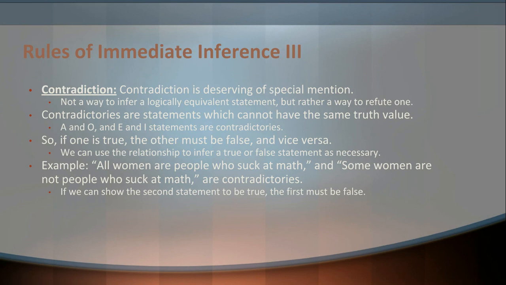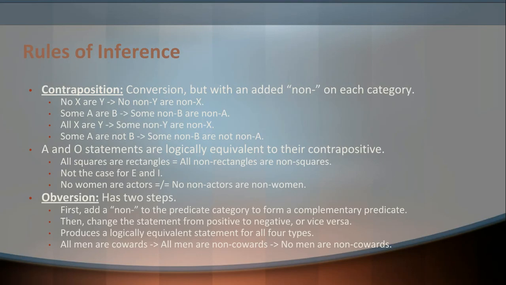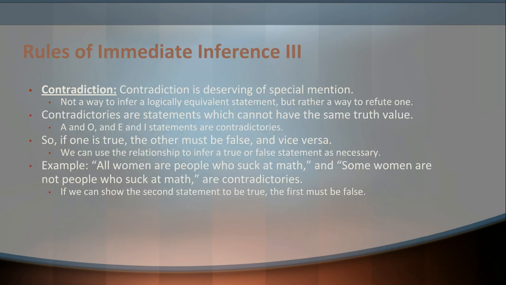So this sort of relationship opens up new strategies for dealing with arguments and refuting positions or establishing new ones. So even though it doesn't give us logically equivalent statements the way that the others do, and we can't use it to produce new statements, it is still a valuable thing to keep in a toolbox when we're doing all this categorical logic stuff.